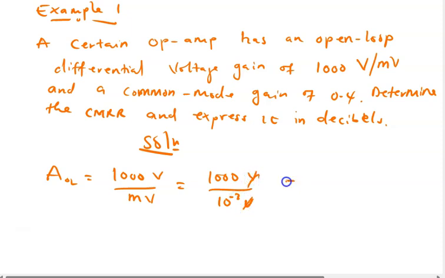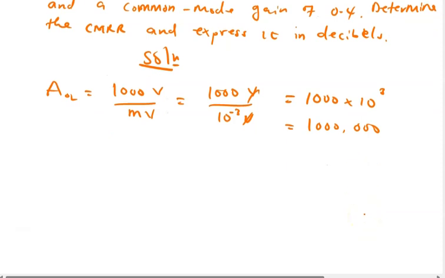If I simplify, I'm going to get 1000 times 10 exponent 3, if I bring it to the numerator side, which is the same as 1 million, yes, 6 zeros. So I know AOL to be this, and I know ACM to be 0.4.